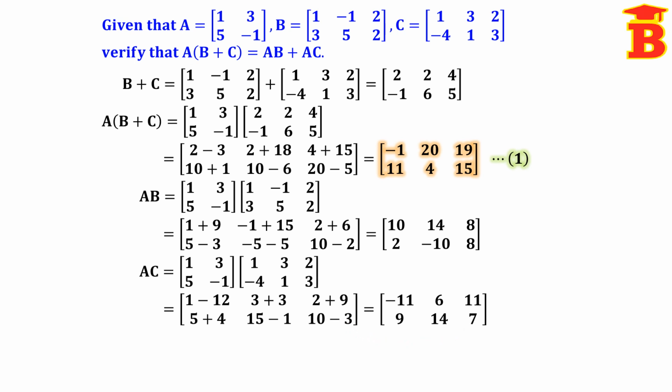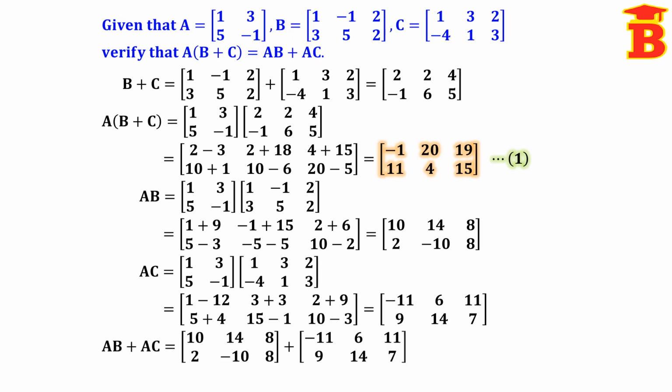Now we have to find the right hand side. The right hand side is AB plus AC. So we have the answers AB and AC, and we have to add these two. Adding these two, we follow the method of adding corresponding elements.